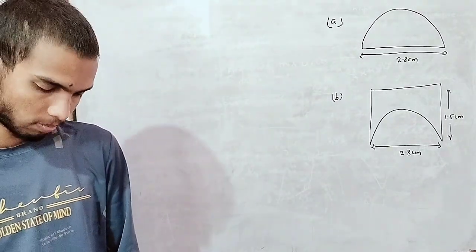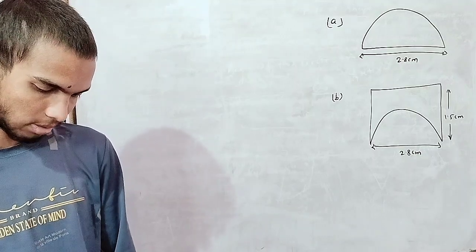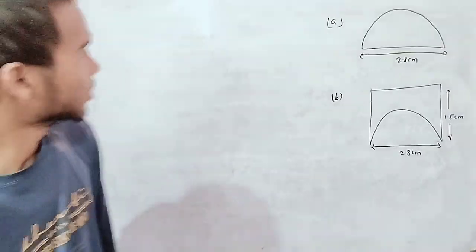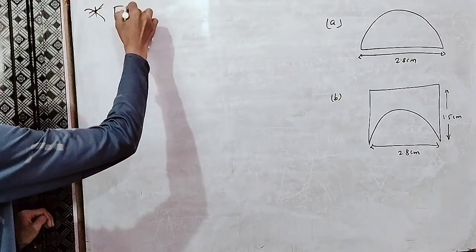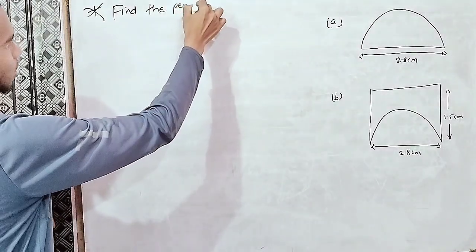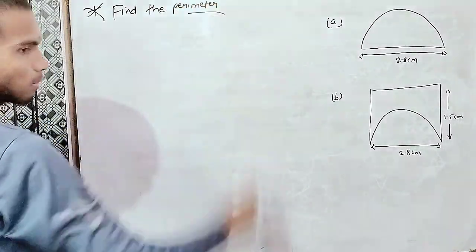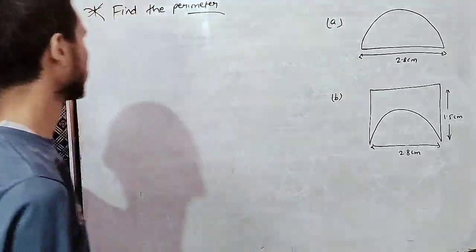We have two questions because we have two figures. So the question is, find the perimeter. Perimeter means total length of the circumference of a solid shape.